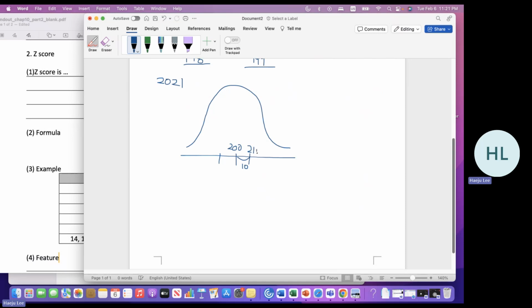So 210 and 220, and one minus standard deviation from the mean is 190 and 180, and so on.